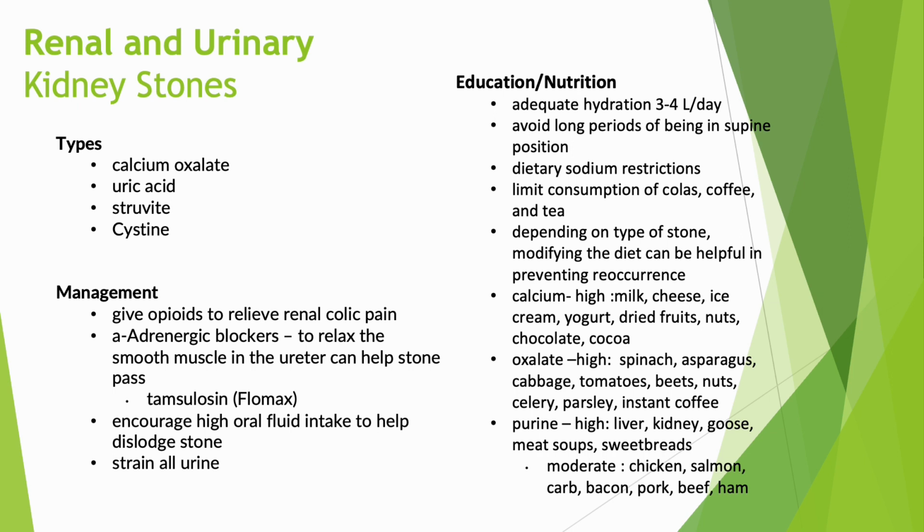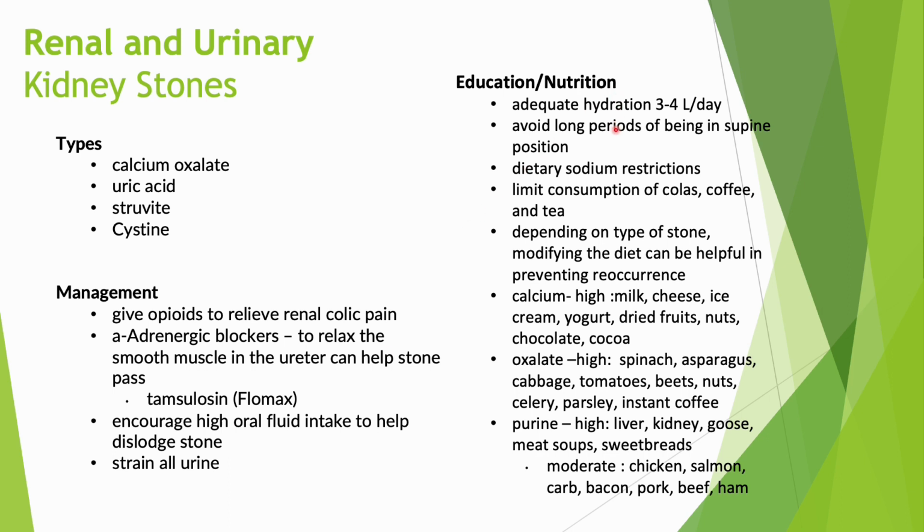All right, kidney stones. First off, what's the formal name for it? Know that. Yep, different types. I like that for you. What is the diet to keep away from having these kidney stones? Is that on there? I like the Flomax. Good. Encourage oral fluids. Yep. Strain all urine.